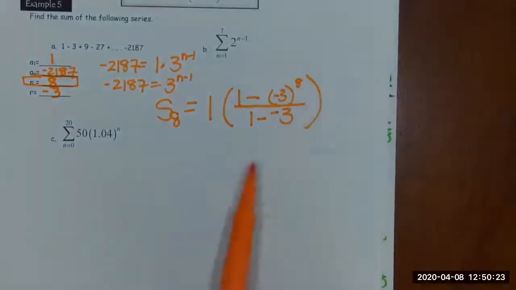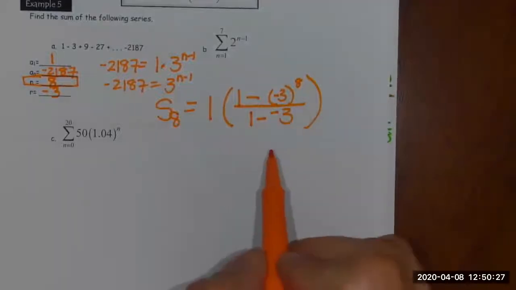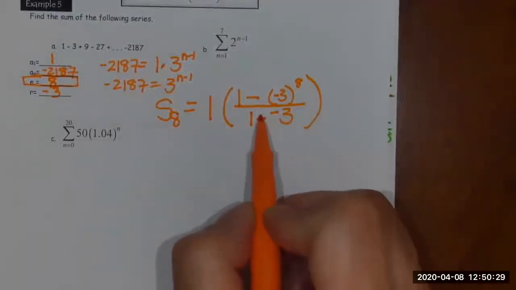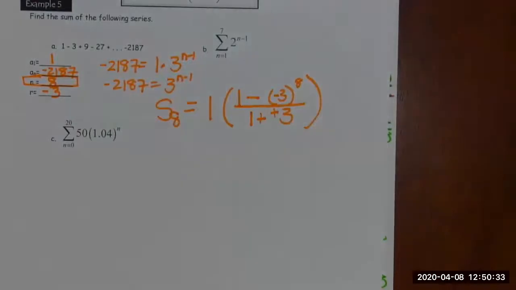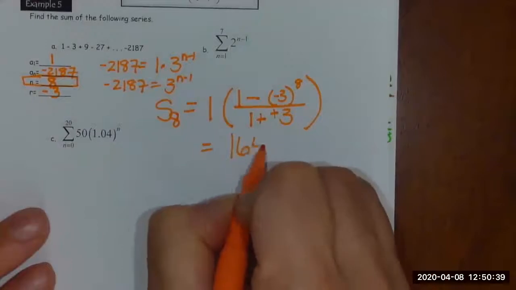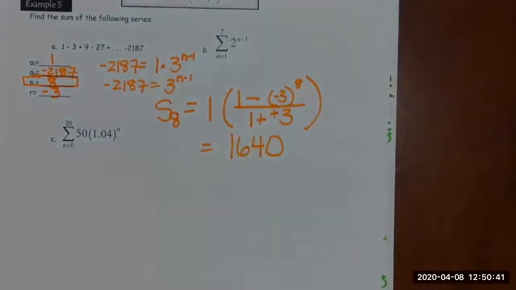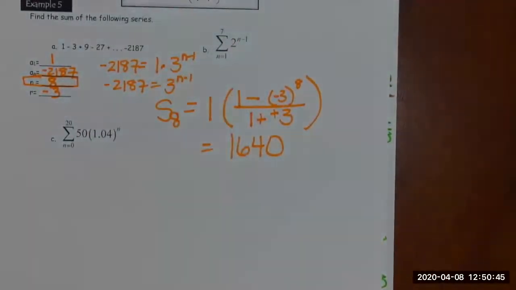Don't forget when you're subtracting, r is negative 3, so you want to write 1 minus, because what does 1 minus a negative turn into? You got it, a plus. So now punch that into your calculator. You can pause the video, make sure you know how to do it, and that would equal 1640.